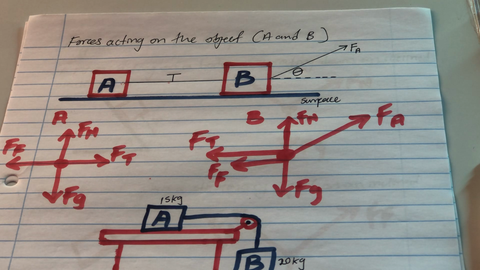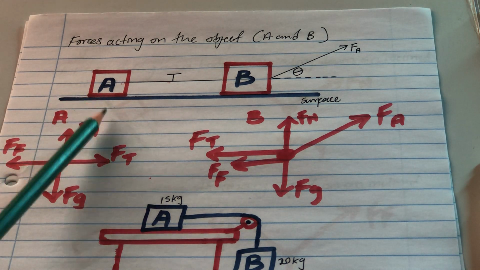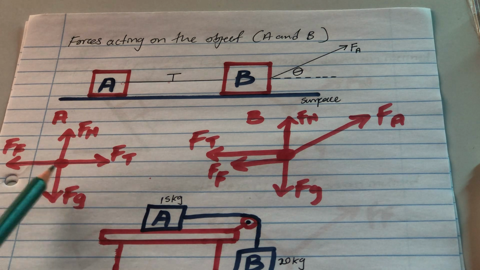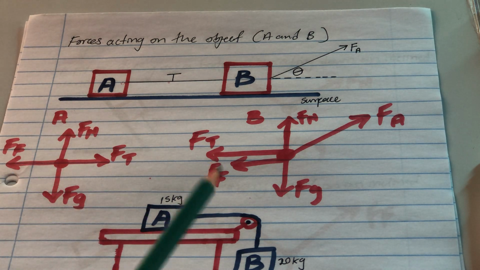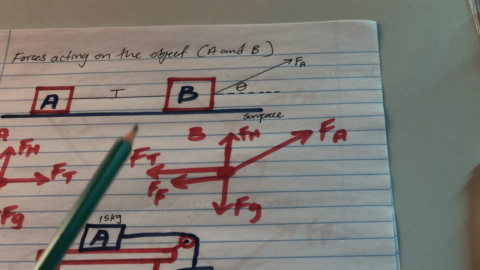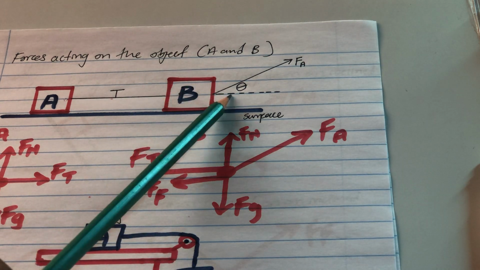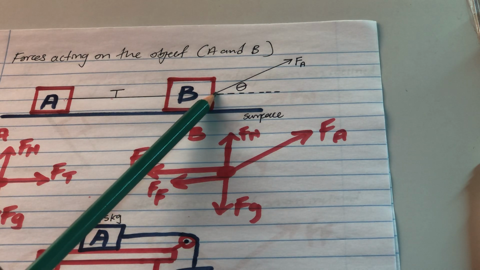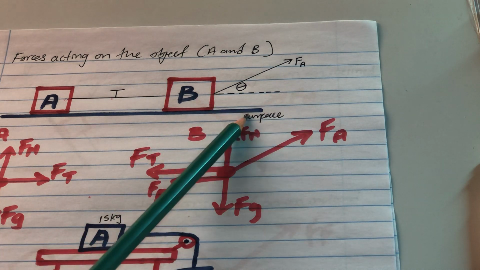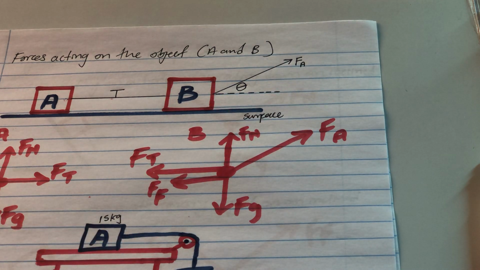The way we show the forces of A will be the same as the forces in the previous example, but the difference here is that for B, the applied force is no longer parallel to the surface. It is at an angle theta.